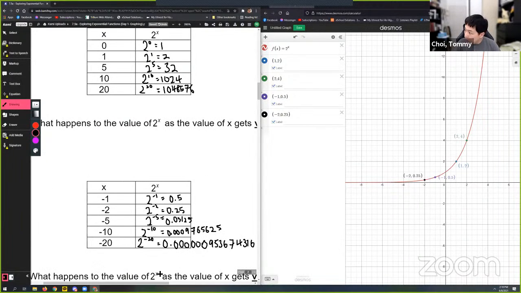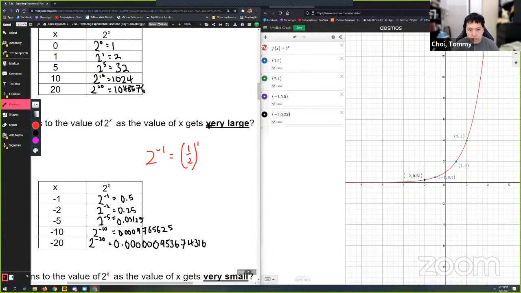Using your knowledge of the negative exponents, let's understand why this happens. When we have 2 to the power of negative 1, the negative flips the base and we leave the exponent.